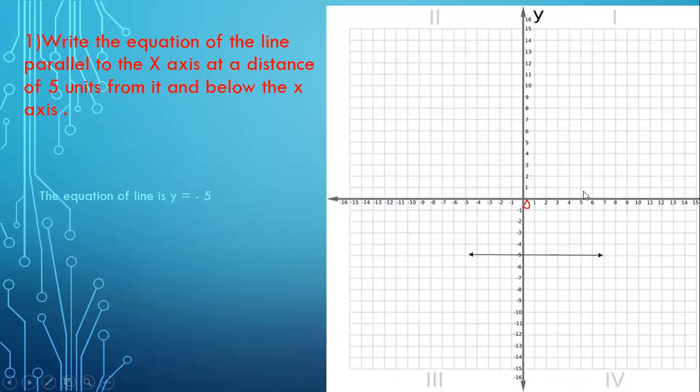This line is parallel to the x-axis, right? You can see here it is parallel to the x-axis. And where is this line? It is at a distance of 5 units. See, 1, 2, 3, 4, 5.